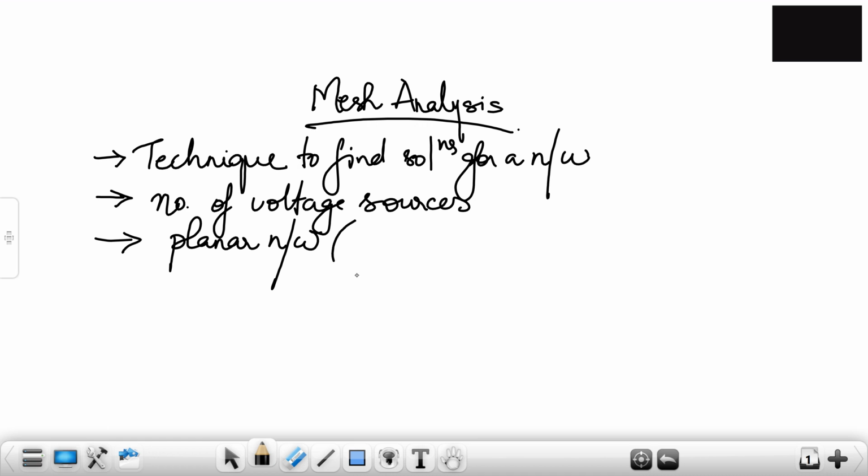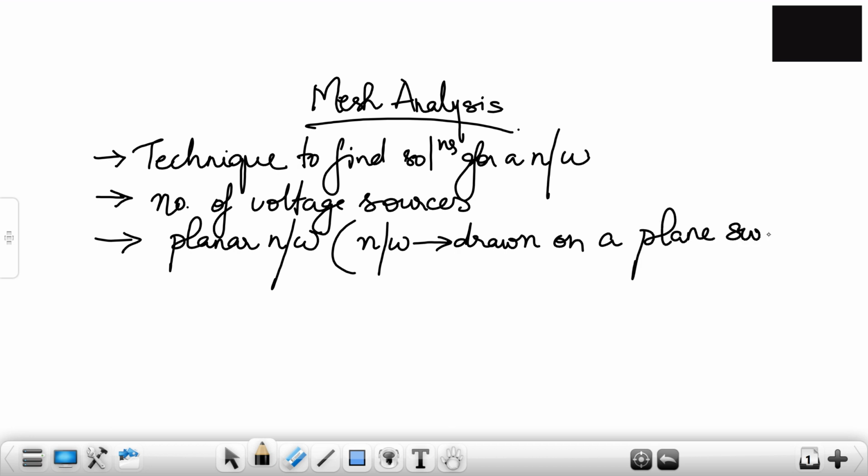When I say planar network, any network that can be drawn on a plane surface without crossovers. As I'm saying, you can note it down, okay? Now, when we say planar network, I will give you an example of planar network.